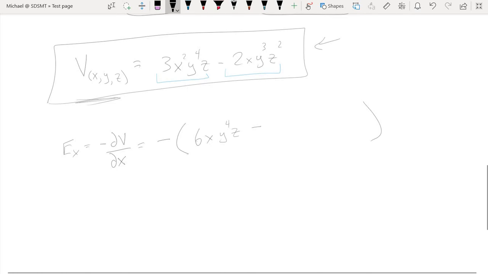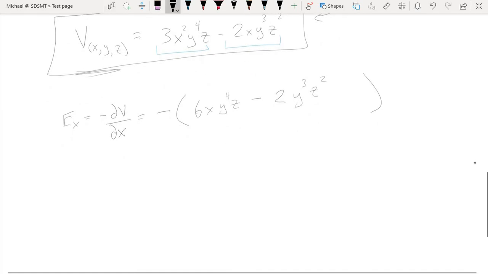And we're going to take the derivative of that with respect to x only. That is going to give us 2x to the 0, or 1, times y cubed z squared. And so that is the X component of our electric field.